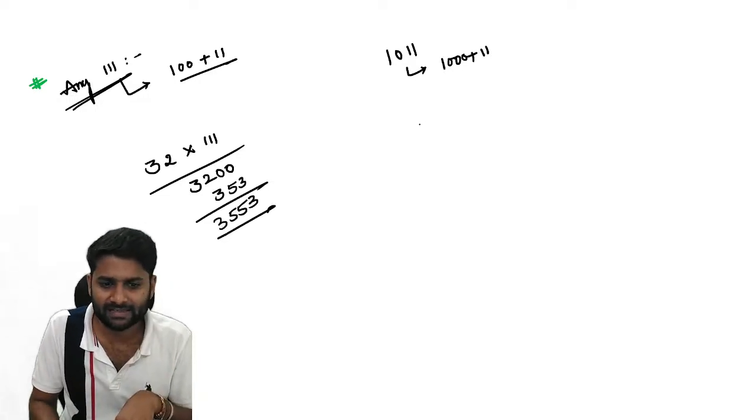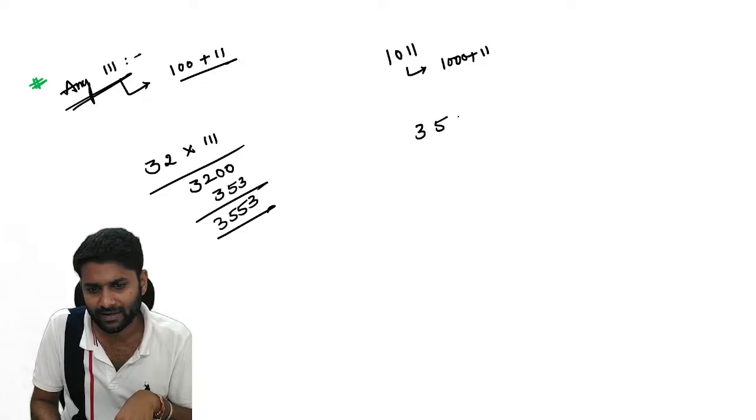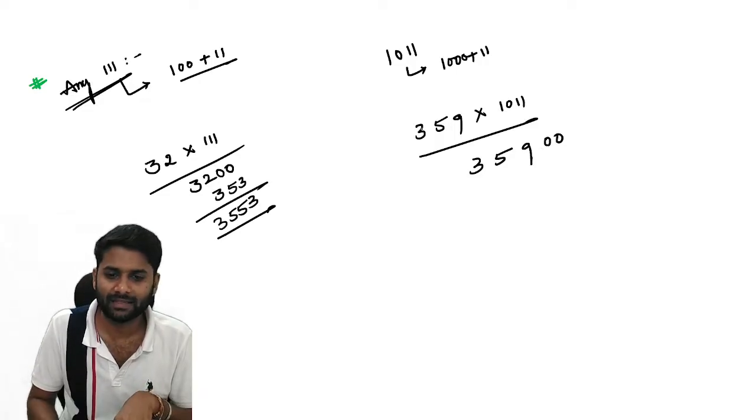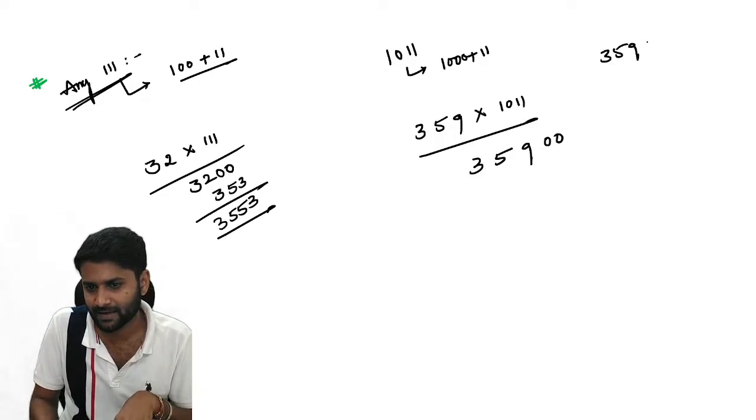If any three-digit number, let's say 359, is multiplied with 1011. First one, 359000. Then the next one, 359 multiplied with 11. Now here 3 as it is. 3 plus 5 is 8. 5 plus 9 is 14. 1 carry over. 9 into 1 is 9.